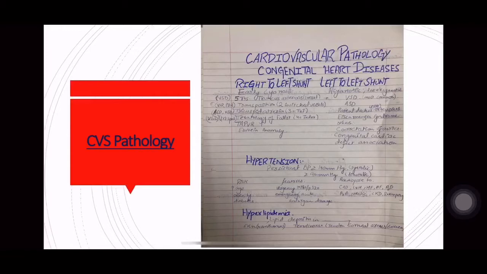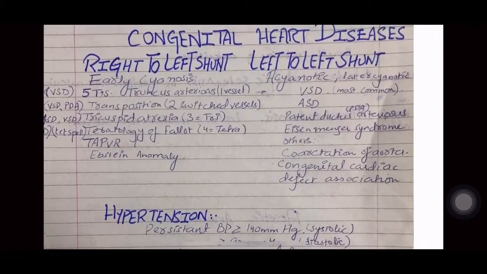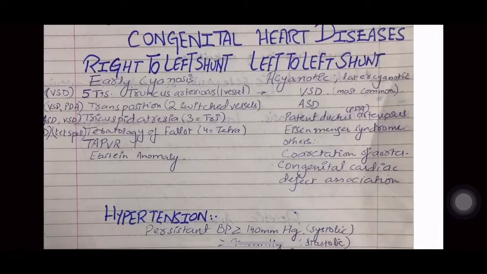In left to right shunts, we have acyanotic, later cyanotic. First the patient will be acyanotic, then it will be cyanotic in later stages.